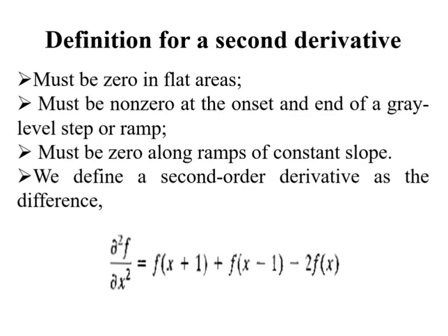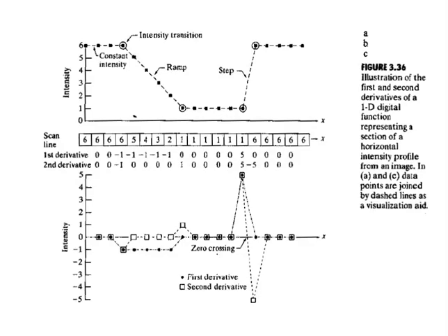Next, we encounter an intensity ramp followed by a step, and we note that the first order derivative is non-zero at the onset of the ramp and the step. Similarly, the second derivative is non-zero at the onset and end of both the ramp and step. Therefore, property 2 is satisfied for both the derivatives. Finally, we see that property 3 is satisfied also for both derivatives, because the first derivative is non-zero and the second is 0 along the ramp.